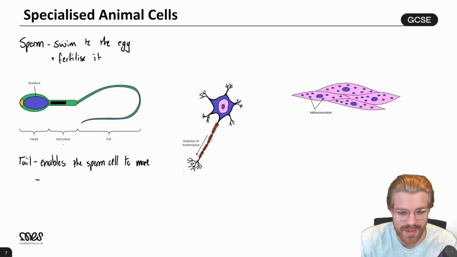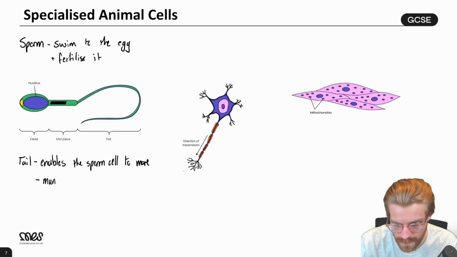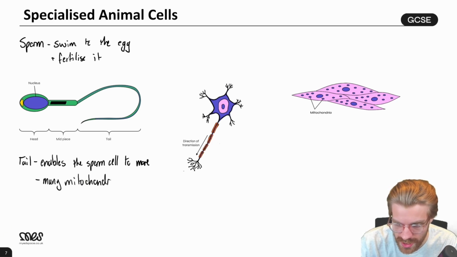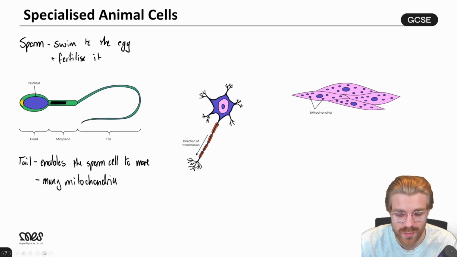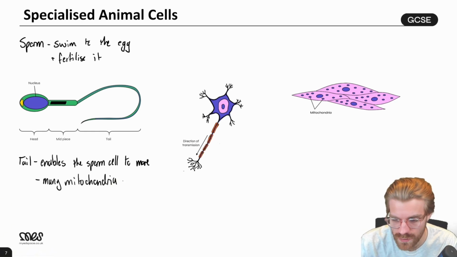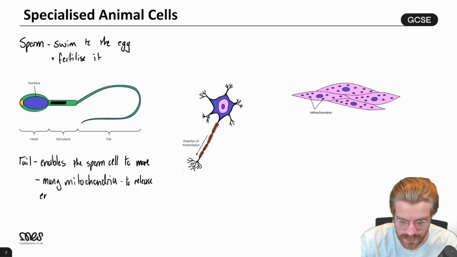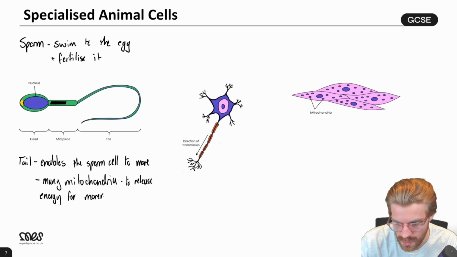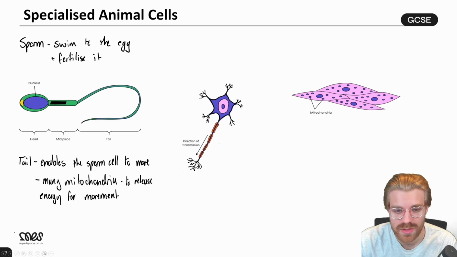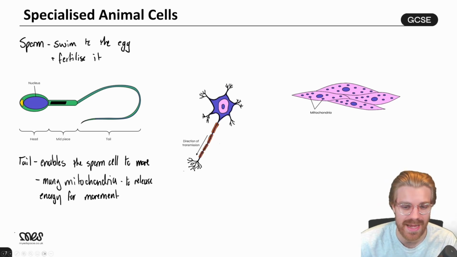We also have the midpiece with many mitochondria, and the reason that there are many mitochondria, again, is to carry out more respiration to release energy for movement. In the head of the sperm cell, we have a nucleus, but the nucleus is adapted as well.